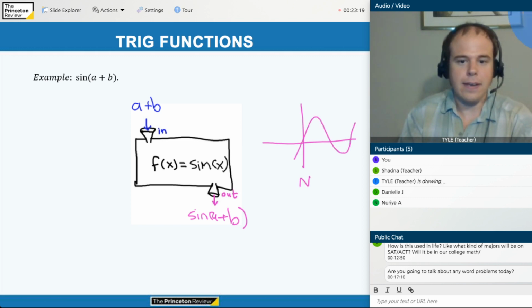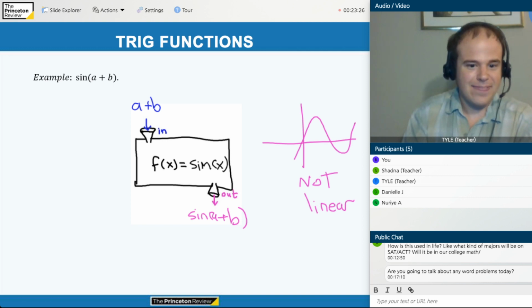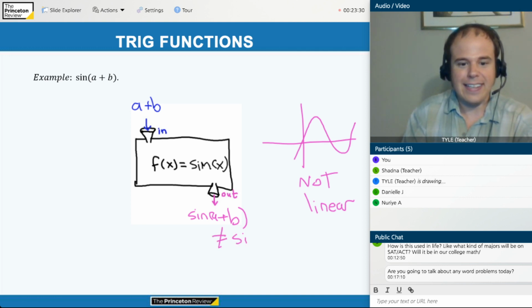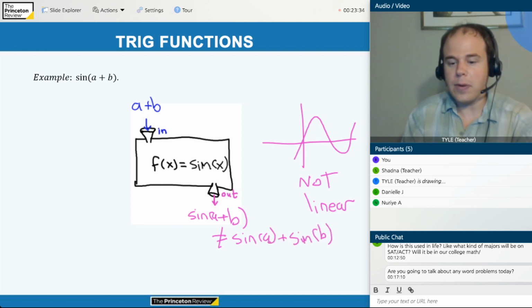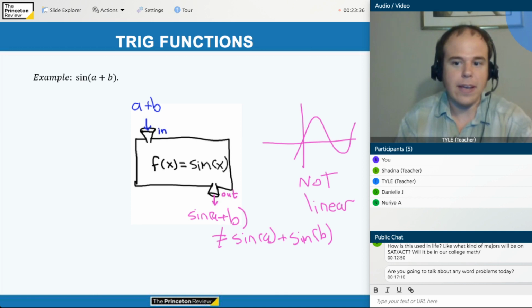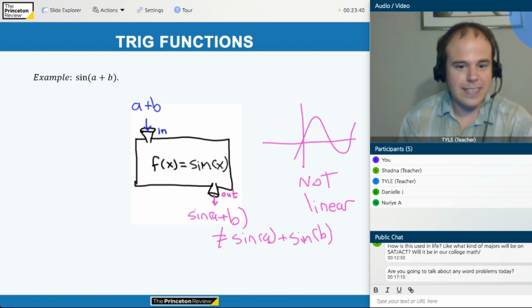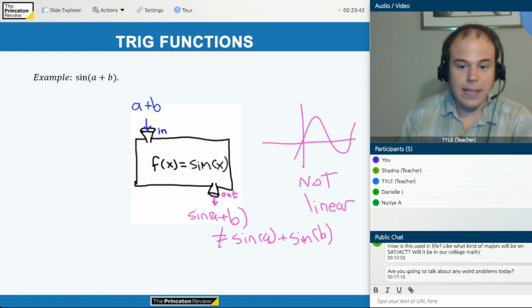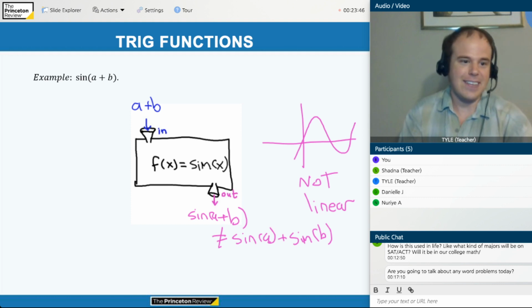Sine is not linear. So that means that sine of a plus b does not equal sine of a plus sine of b. This is another pretty common mistake that students make when they're dealing with trigonometric functions and addition of angles. We can't just split it up over a and b because sine is not a linear function.